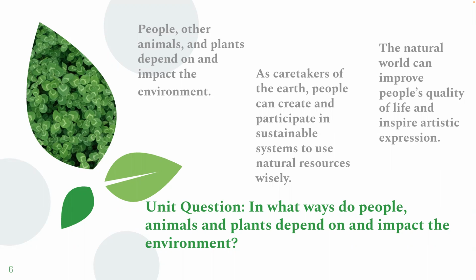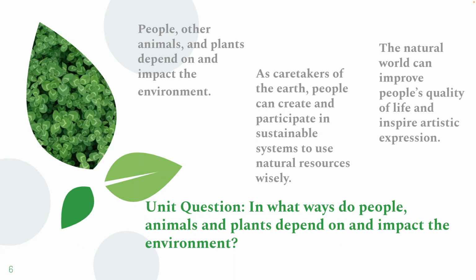So, as we engage in and dissect these big ideas, the big unit question is the following. In what ways do people, animals, and plants depend on and impact the environment, right? So we're thinking about two different things. In what ways do we in our everyday lives depend on the environment?